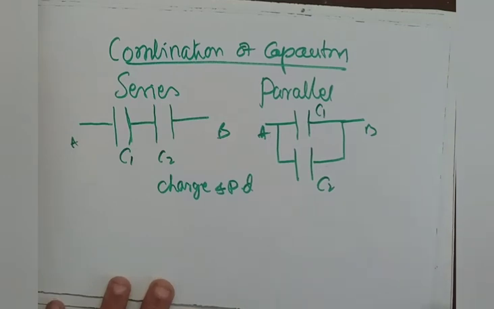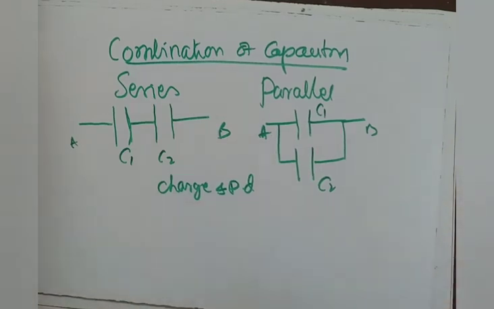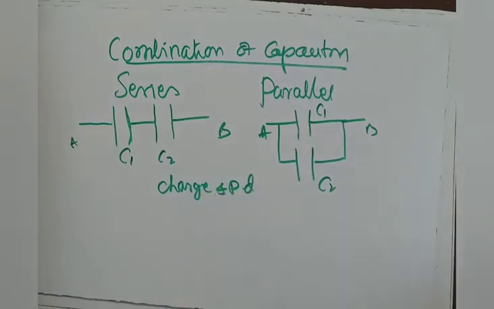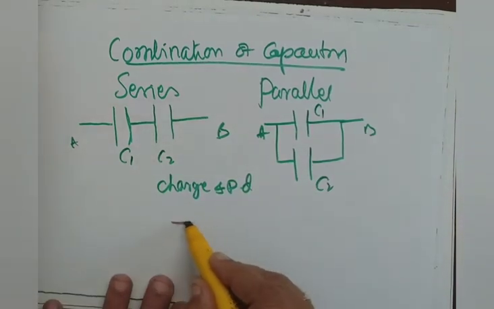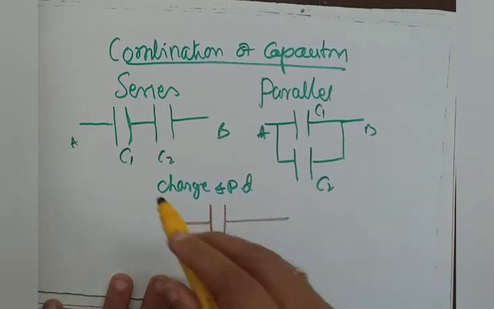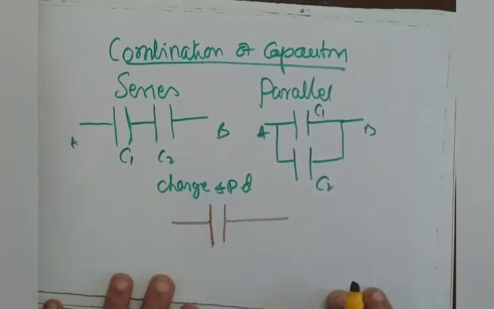By taking that different quantity for two or three capacitors, we add them to get the total. That we do later on. But before that, either a series combination or a parallel combination can be replaced by a single capacitor which produces the same effect as that of the combination.